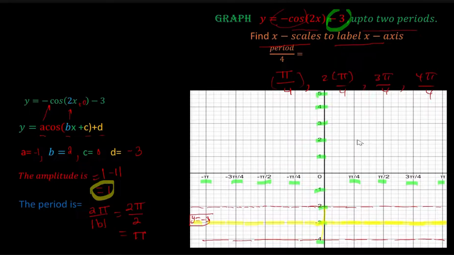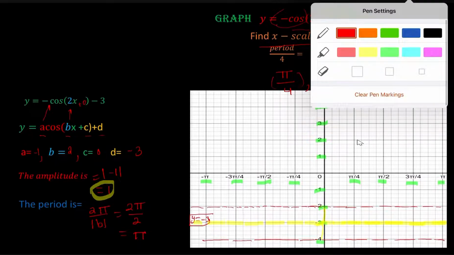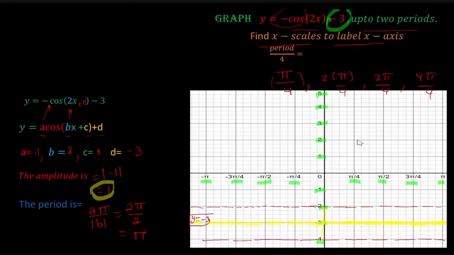Okay, so let me get a different color. Let me do green right now. And I want to do the graph of y equal, why is my pen not working? Okay, now should be good. We've got to write down y equal negative cosine. Let's see how that looks like.